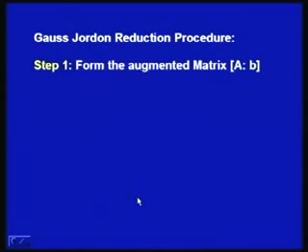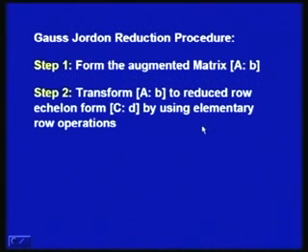The Gauss-Jordan reduction procedure is a slight variation from this, in the sense that the first step remains the same, that we have to form the augmented matrix. Step 2 is to transform AB to reduced row echelon form by using elementary row transformations. That is the basic difference between the two methods, the Gauss-Jordan reduction procedure and the method which we have discussed just now.